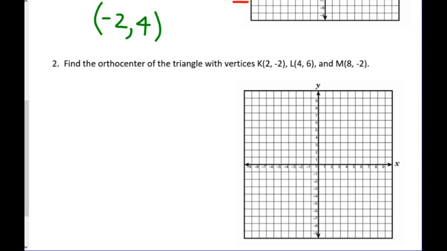Okay, so number 2, let's plot these points. 2, -2, put a point there. That is K. 4, 6, put a point there, that's L. 8, -2, that's M. Okay. And then connect them.